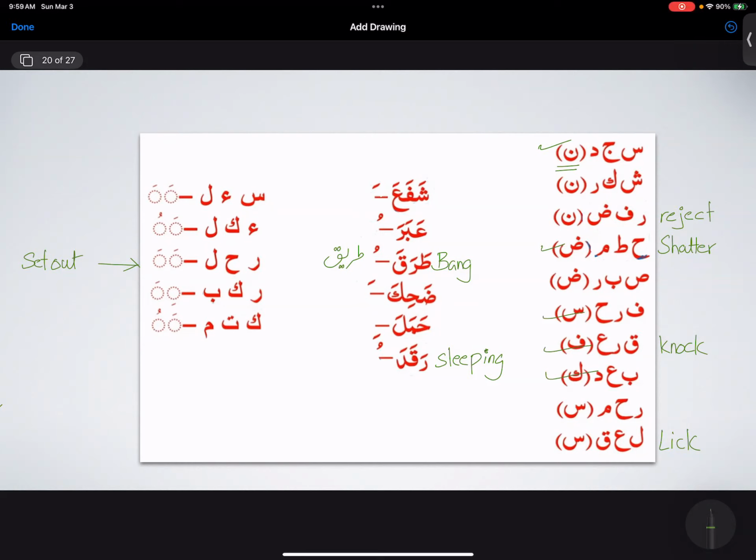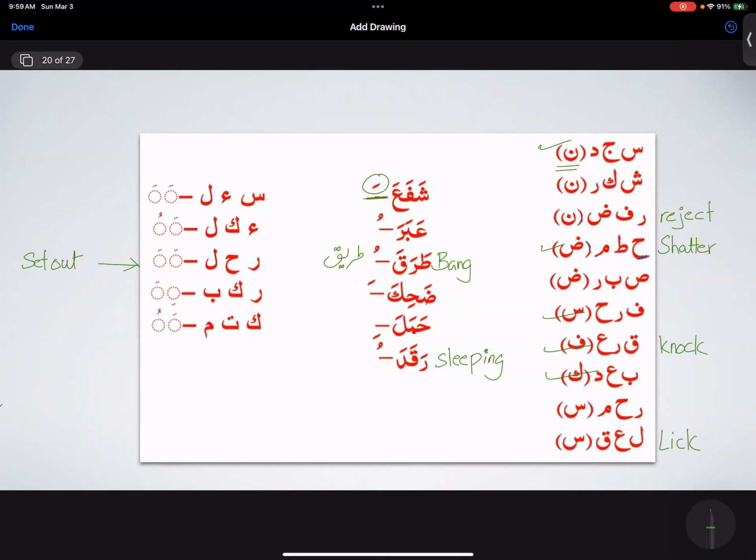And sometimes you are given a haraka. So shafa'a, now what is this haraka telling you? When we turn it into mudari, it is maftuhul ayn, so Yashfa'u.